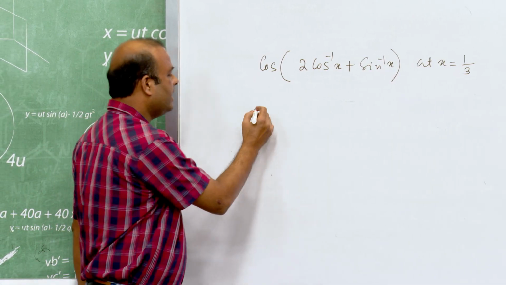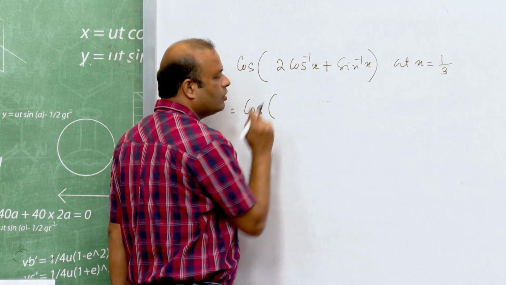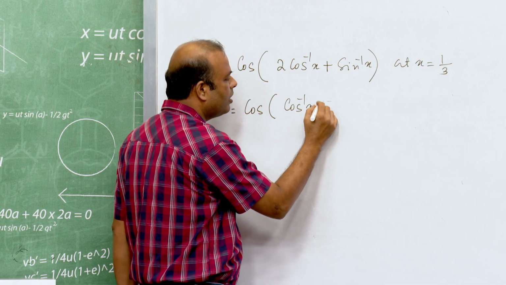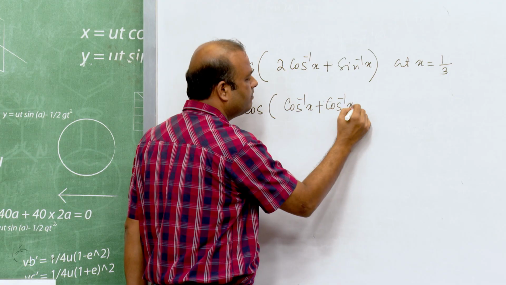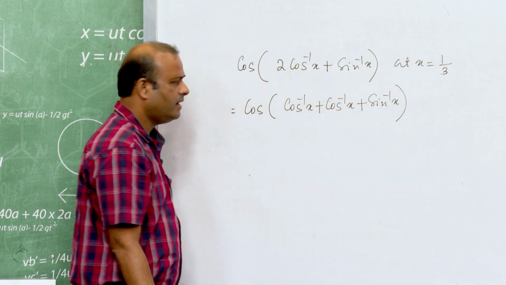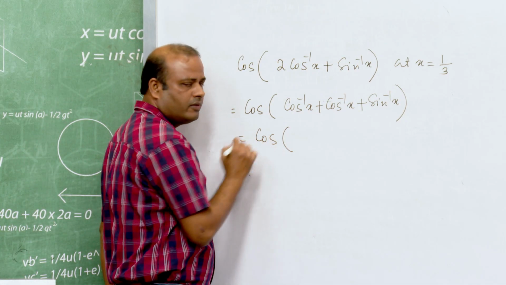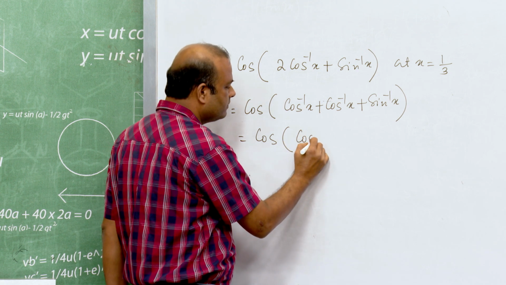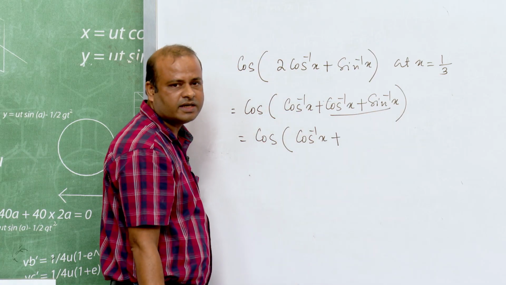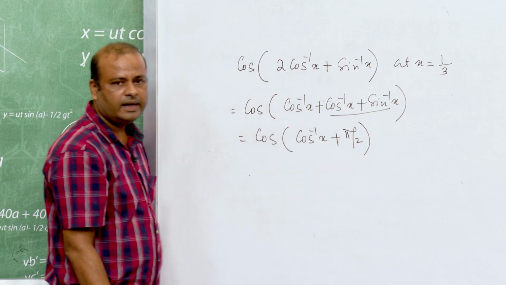So now you can write cos, splitting 2 cos inverse x as cos inverse x plus cos inverse x plus sin inverse x, right? Now cos inverse x plus sin inverse x, you know, is pi by 2, right?